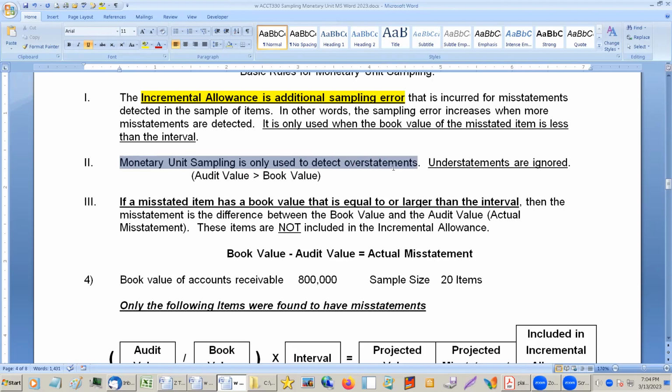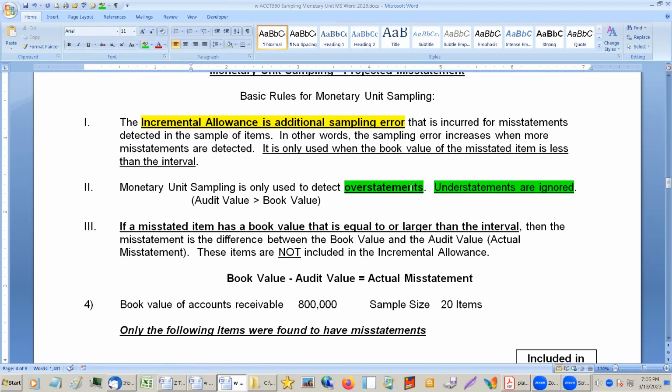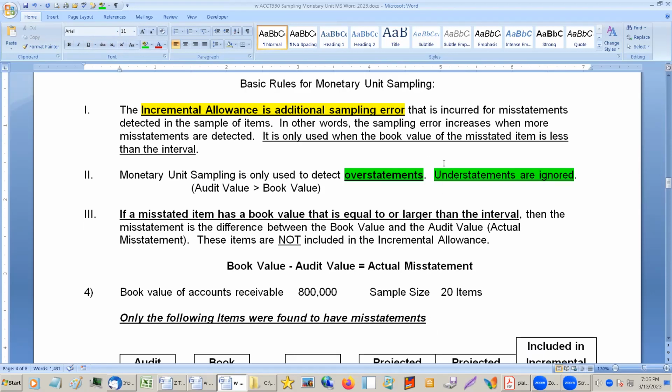Monetary unit sampling, this is one that I always had trouble with. It is only used to detect overstatements. Understatements are ignored. And this is the one that as an auditor, you kind of feel bad about, because you're going through an audit, you find something that's wrong, you say, oh, well, look, this is wrong.